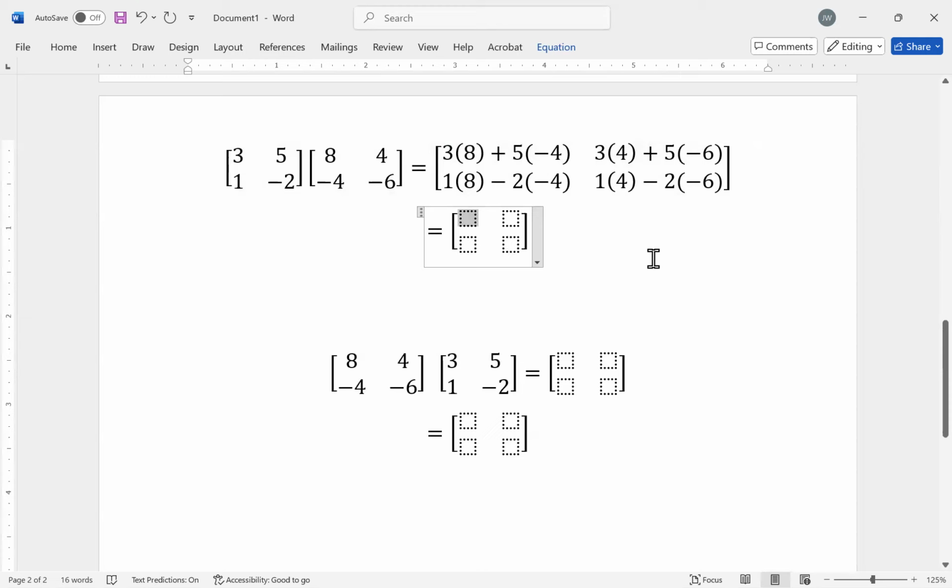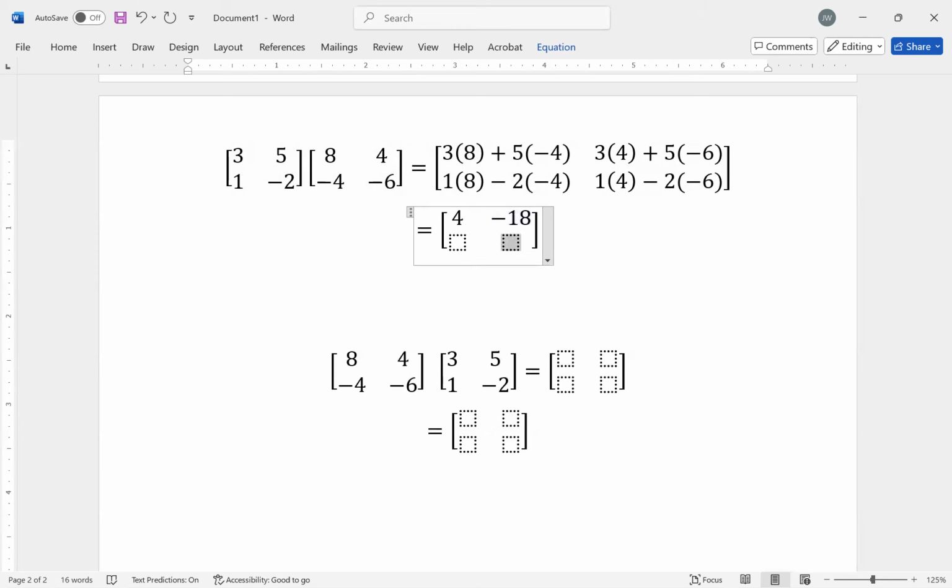3 times 8 plus 5 times negative 4 is a 4. Again, 24 minus 20. Then I get 3 times 4 plus 5 times negative 6, 12 minus 30, which is negative 18. 1 times 8 minus 2 times negative 4, that's 8 plus 8, which is 16.